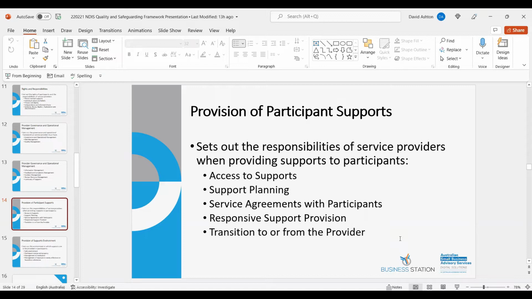So if they do want to move to another provider, you need to facilitate that, and likewise facilitate someone coming from another provider to your organisation. So do so in collaboration with the participant, look at the risks, and then develop the processes to facilitate that.